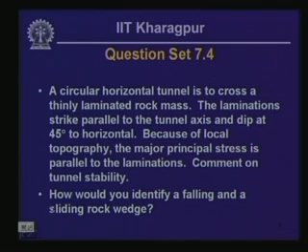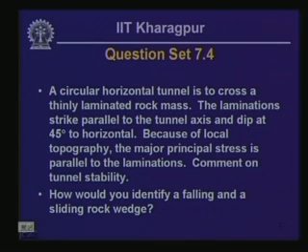The first question that I asked was: a circular horizontal tunnel is to cross a thinly laminated rock mass. The laminations strike parallel to the tunnel axis and dip at 45 degrees to horizontal. Because of local topography, the major principal stress is parallel to the laminations.